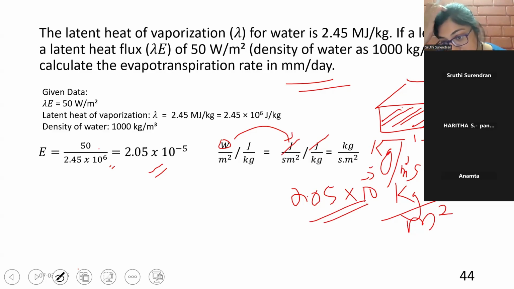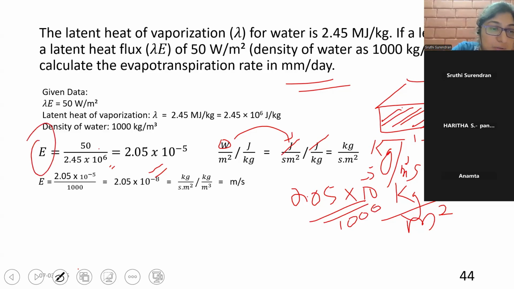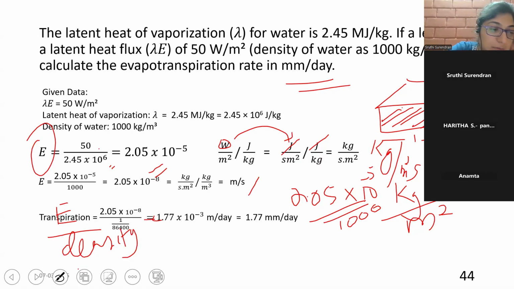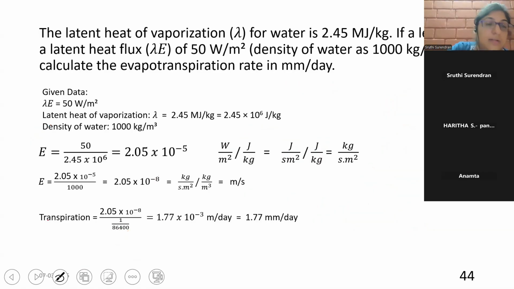In order to do that, we have to divide this by 1000, which is nothing but dividing this value by the density. So if you divide this value by the density of the water, finally you will get the answer in terms of meter per second. Meter per second, we know you can convert into millimeter per day by using the conversion for second to meter, and finally you will get the answer as 1.77 millimeter per day.